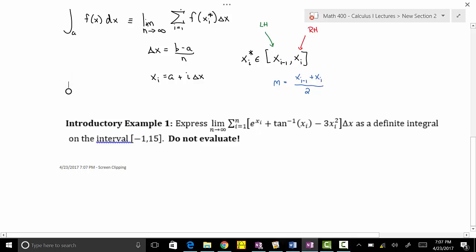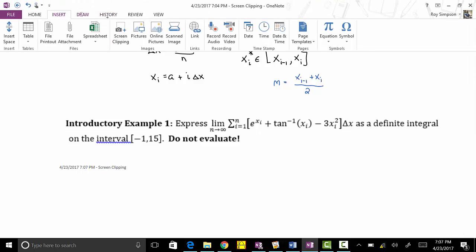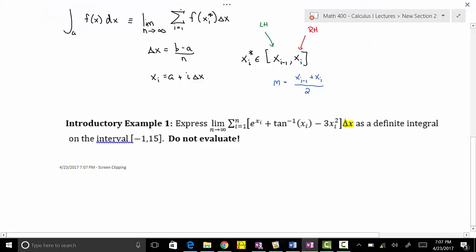Express this limit, n goes to infinity, i equals 1 to n, e to the x sub i plus tan inverse of x sub i minus 3 x sub i squared, and delta x. It's very, very important that delta x is on the back end here. Express that as a definite integral on the interval -1 to 15, but do not evaluate.